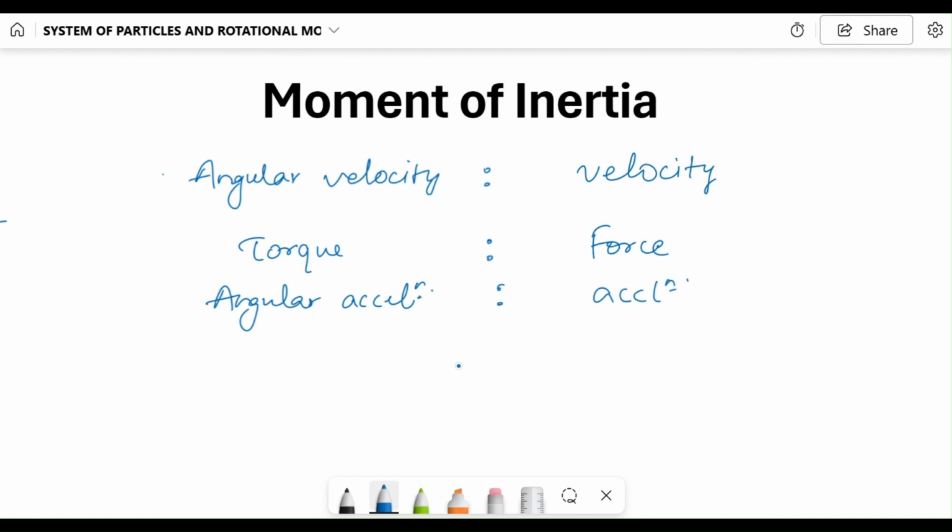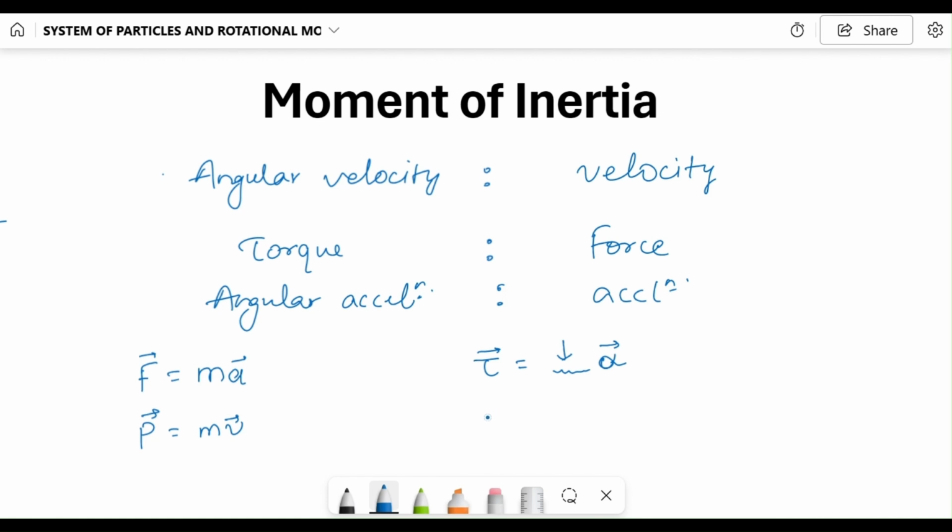Okay, so if we observe these equations, F equals ma, or linear momentum equals mass times velocity, then we can say that this torque should be somehow related to this angular acceleration. And here there should be a term which is the rotational analog for mass.